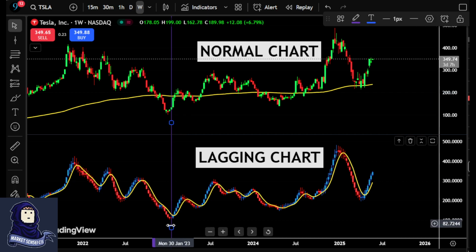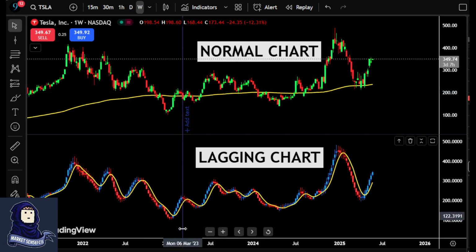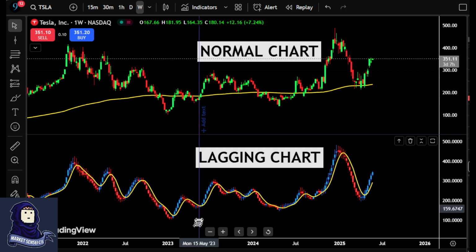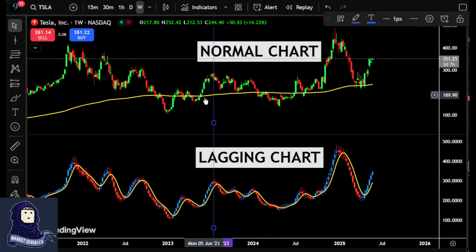So it doesn't really matter. You can still make strong moves upward when the momentum slows down here. If you enter somewhere around here, you start accumulating, and then it goes all the way up here and you exit here, you still make these moves upward.